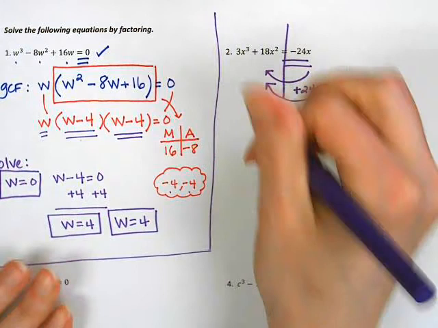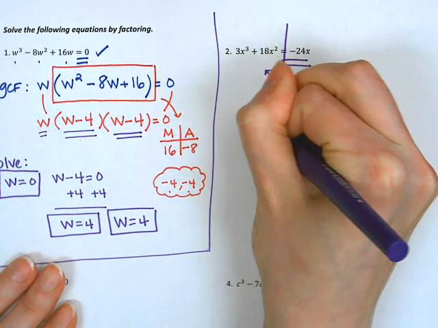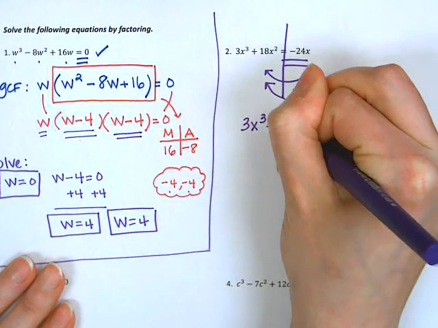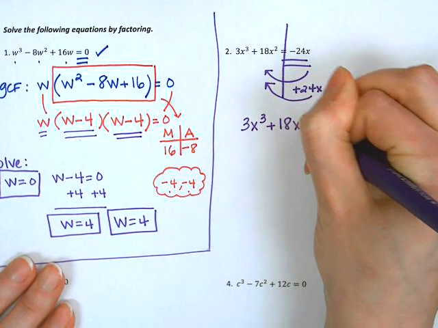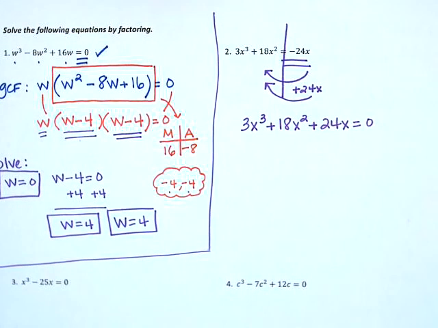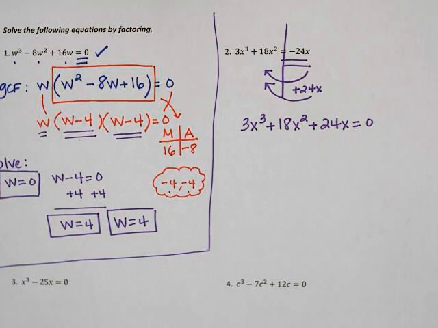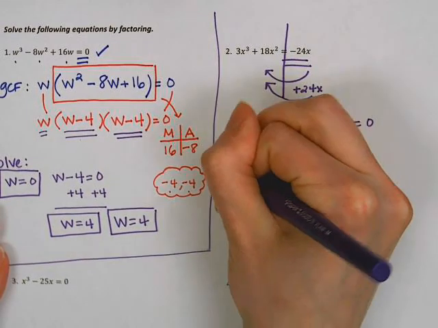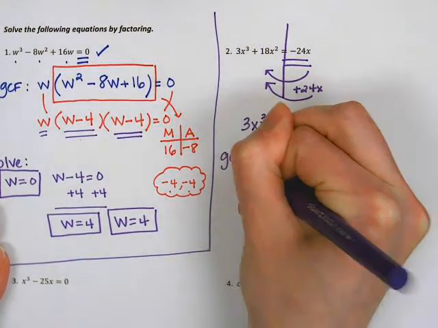So let's rewrite our problem. Now we have 3x cubed plus 18x squared plus 24x equals 0. Now we can start factoring. And as always, the first step is, can we pull out a GCF?